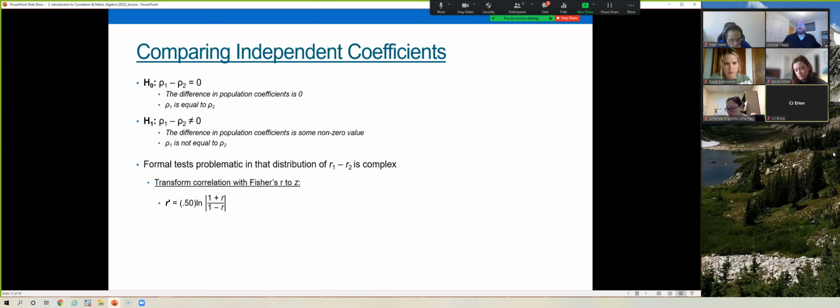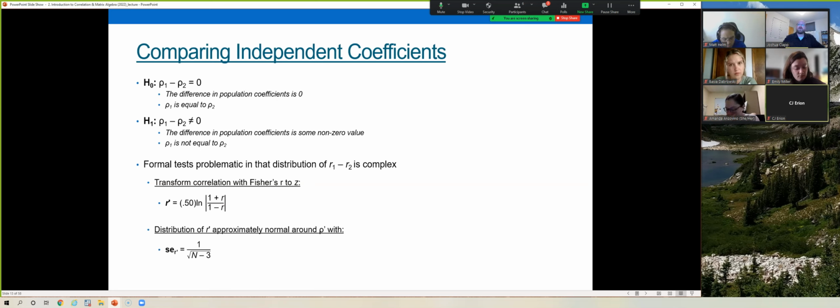And it's pretty straightforward. We'll call what we get out of this R prime. R prime is just 0.5 times the natural log of 1 plus your correlation over 1 minus your correlation, absolute value.